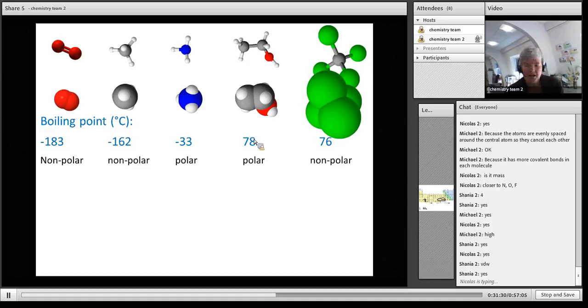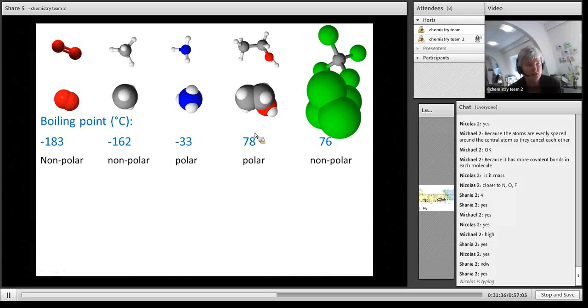So the energy of attraction between the solute molecule, like carbon tetrachloride, and the solvent molecule, those attractions formed, that energy must be sufficient to break the attraction between the solvent, so between a water molecule and another water molecule, as well as between the carbon tetrachloride and carbon tetrachloride.